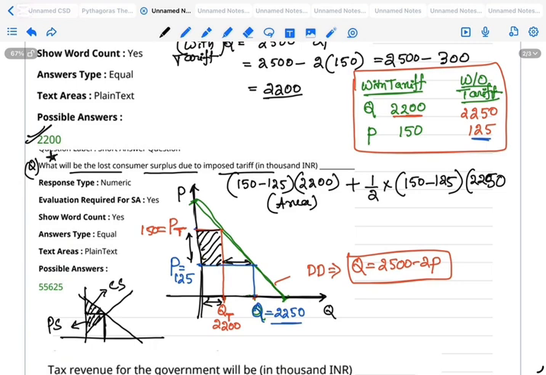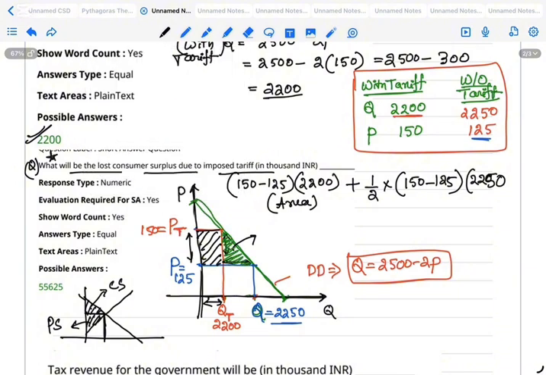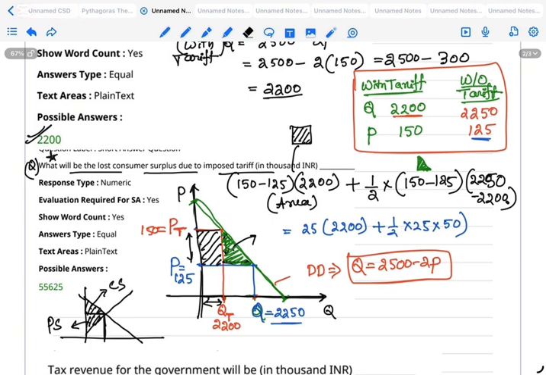So that is 25 times 2200 plus half times 25 times 50, which equals 55,000 plus 625.